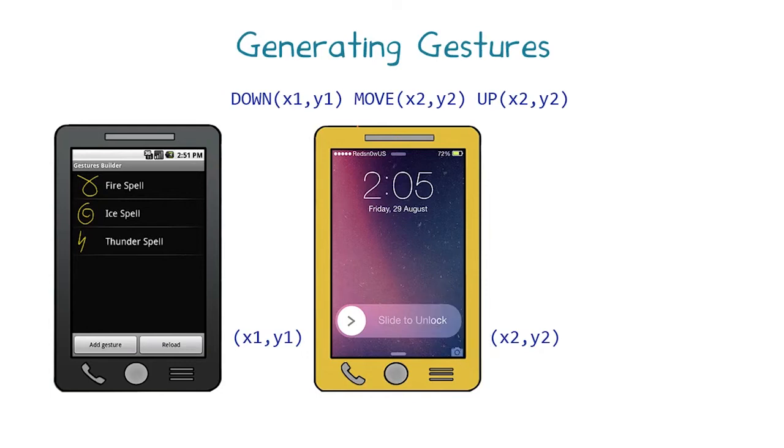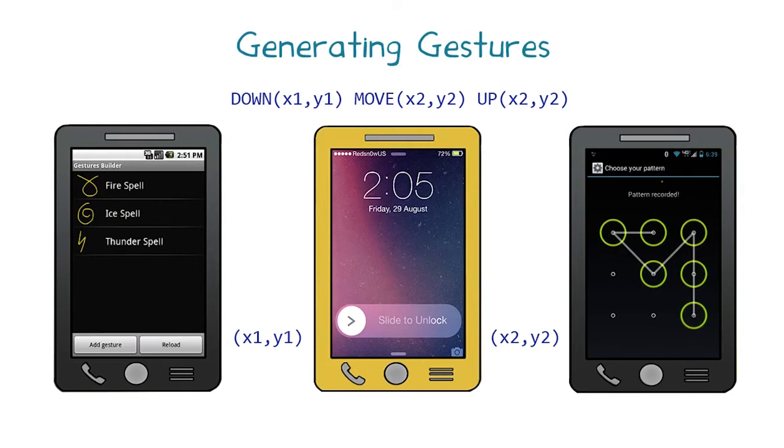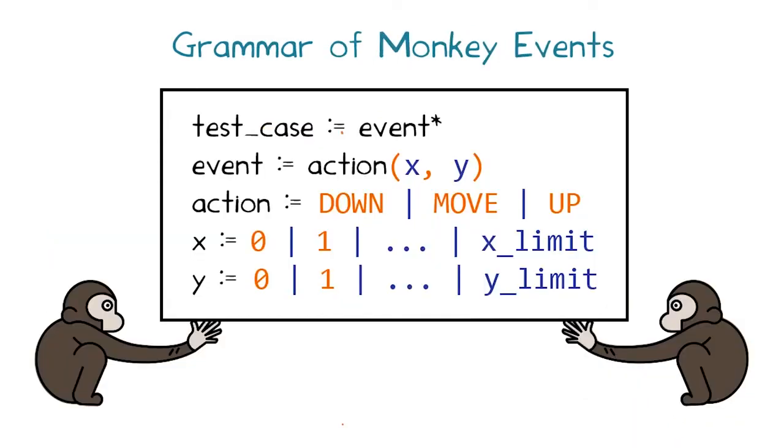The ability to generate gestures greatly expands the space of possible tests that we can run on mobile apps. For example, we can test the drag to unlock functionality of an iPhone or the password entry feature of an Android phone.